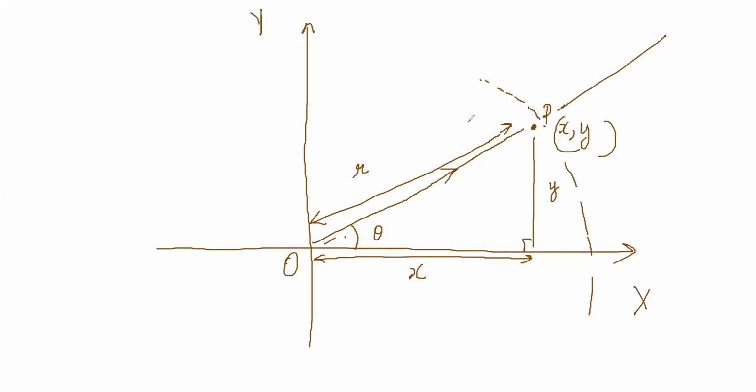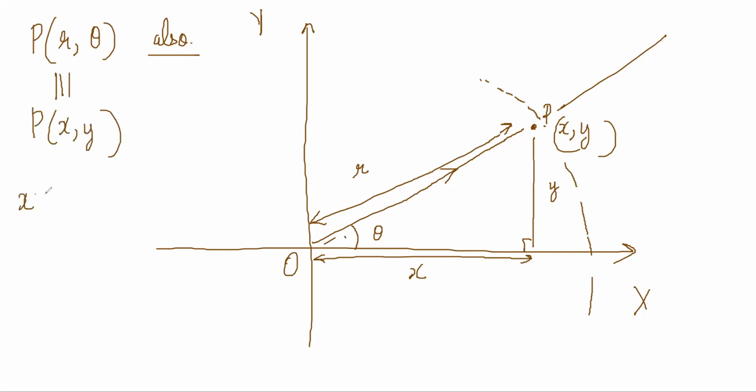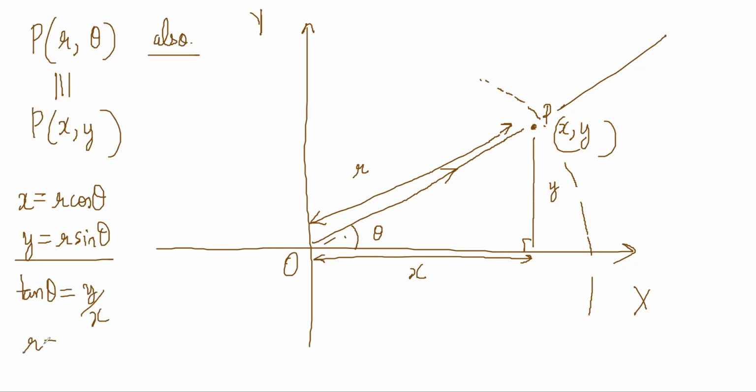Basically, P can be written as r comma theta also, where r comma theta is related to P x comma y in this way: x is equal to r cos theta and y is equal to r sin theta, right? That is obvious from the figure. So tan theta basically is equal to y by x and r is equal to root over x square plus y square.